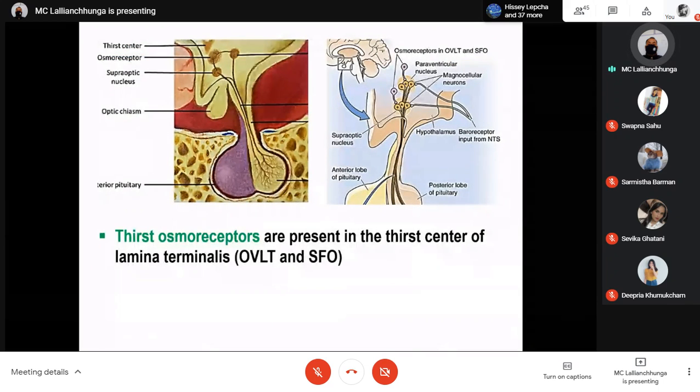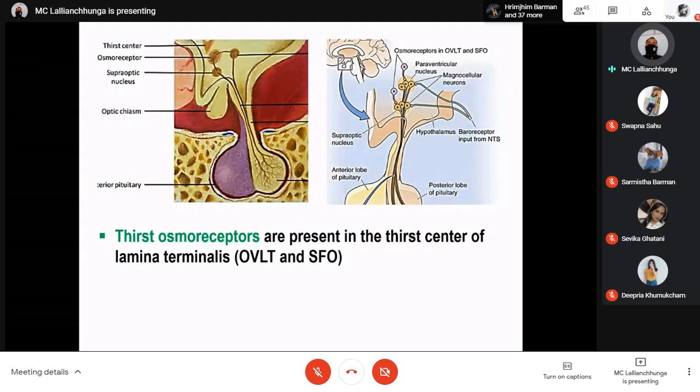So in the thirst center, there are osmoreceptors, just like the osmoreceptors we discussed in the last class, which are important for ADH secretion. In the thirst centers also, in the OVLT and SFO, here you can see the diagram, osmoreceptors are also present.